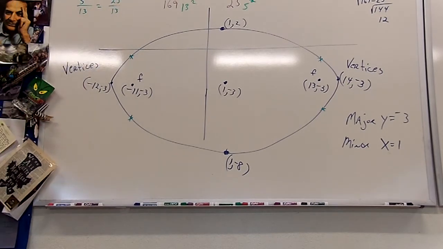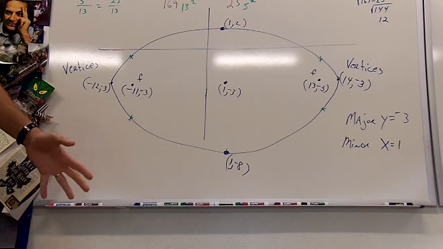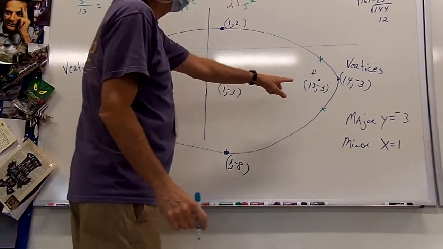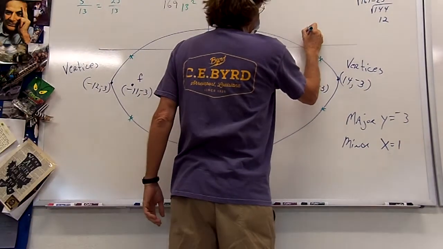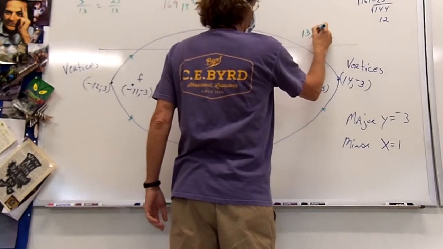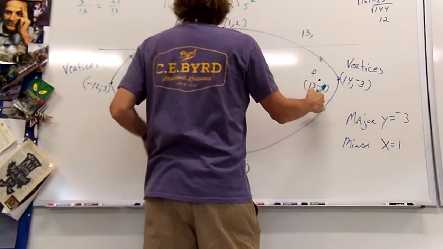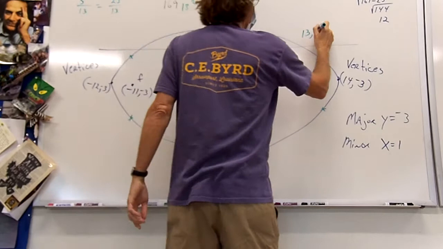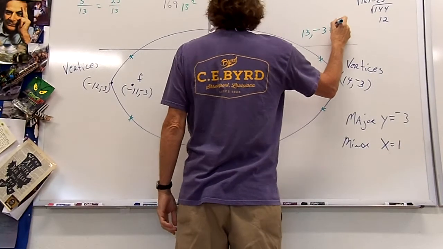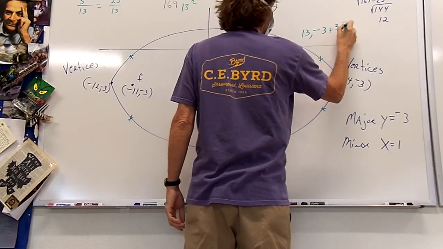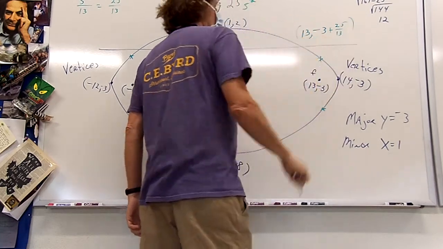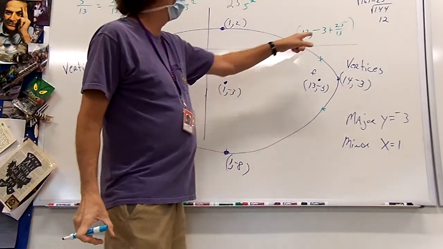And yeah, you got to do fractions, folks. We do not do decimals in here. We do what? Fractions. So, this is going to be 13, comma, negative 3 plus that. Now, just to help you out here, I'm just going to write that. 25 over what? 13. And then what would you do in the next step?